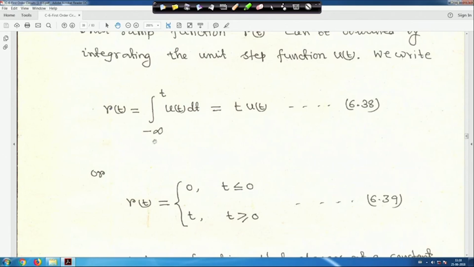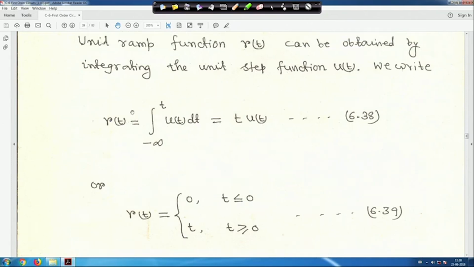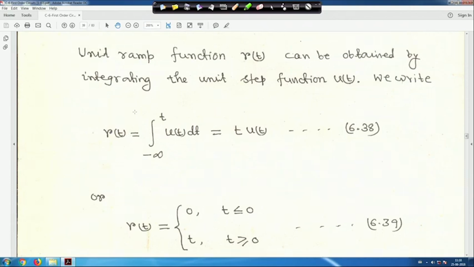This is equation 38. It can be written as r(t) equal to 0 for t less than or equal to 0 and equal to t for t greater than or equal to 0. This is equation 39, the integration of the unit step function, which gives the unit ramp function.